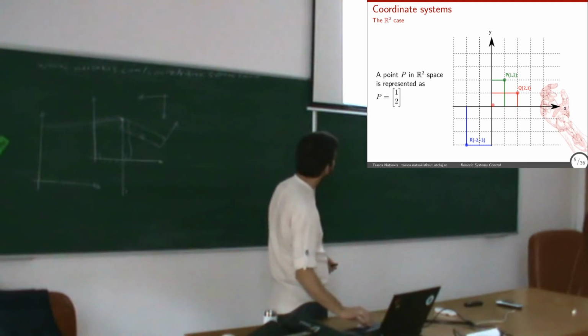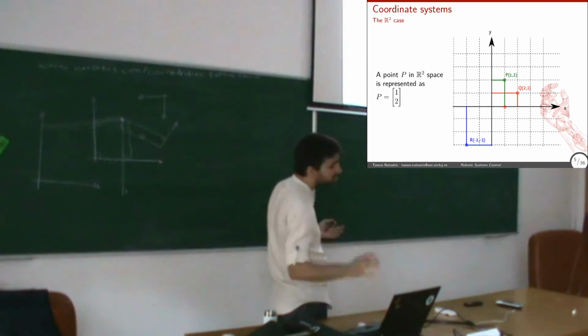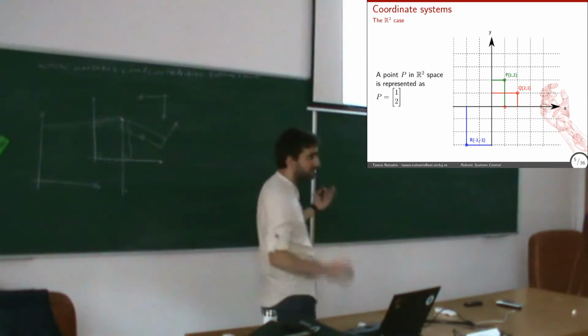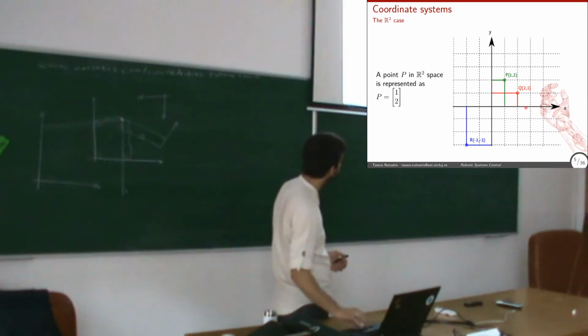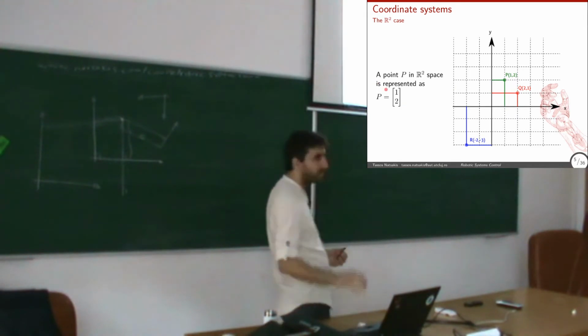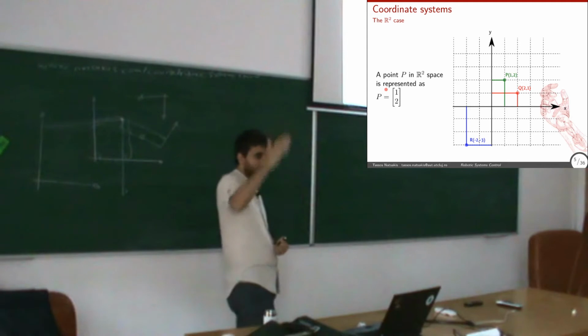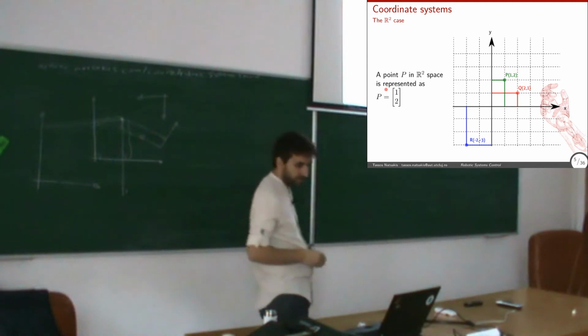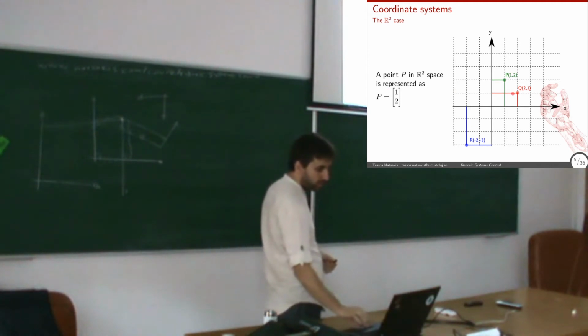Because this distance here is 1 unit, and this distance here is 2. So on the first axis, which I arbitrarily chose to be the x-axis, I have distance 1, and on this one I have 2. Therefore, I write it like a vector, one column vector, one below the other. Equally Q would be 2, 1, R would be minus 2, 3.